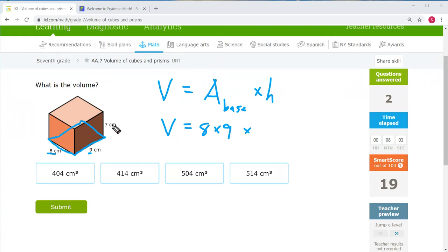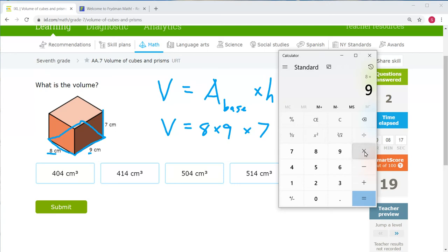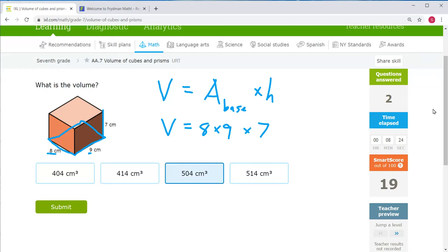And for the height, we have 7. So it's just going to be 8 times 9 times 7, which is 504.